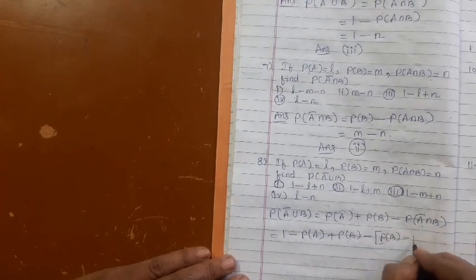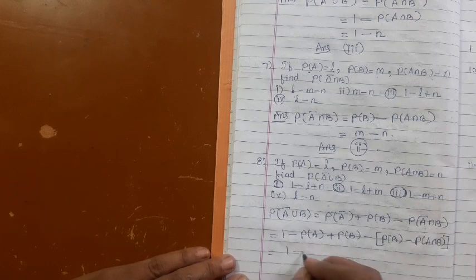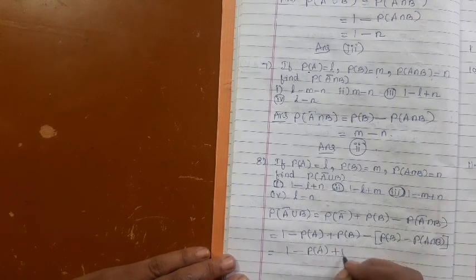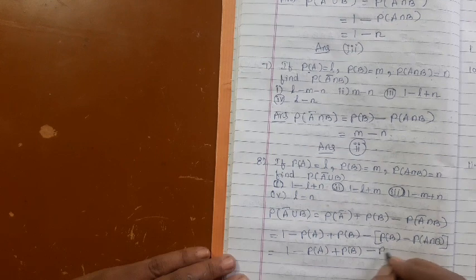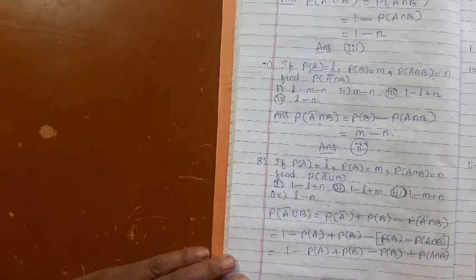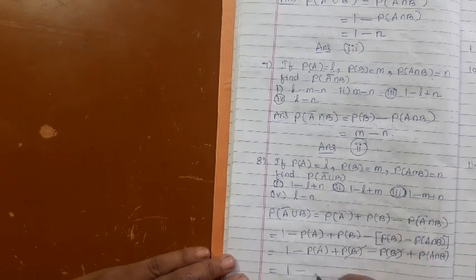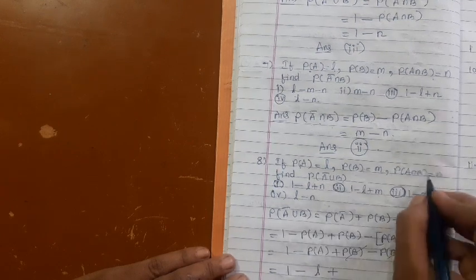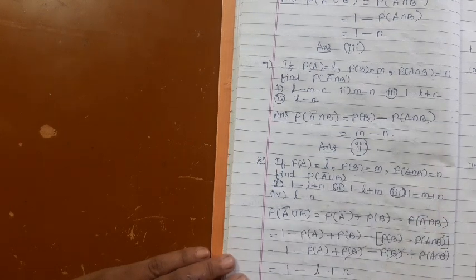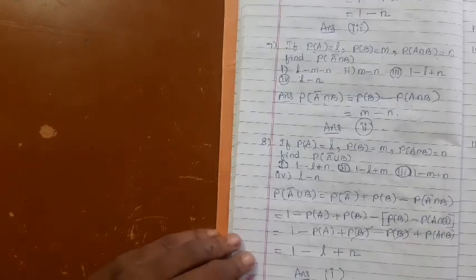Probability of B minus probability of A intersection B. So you have 1 minus P of A plus P of B minus P of B, minus into minus plus probability of A intersection B. These two terms get cancelled. 1 minus, what is P of A? L, plus probability of A intersection B is N. So 1 minus L plus N. The answer is option 1.